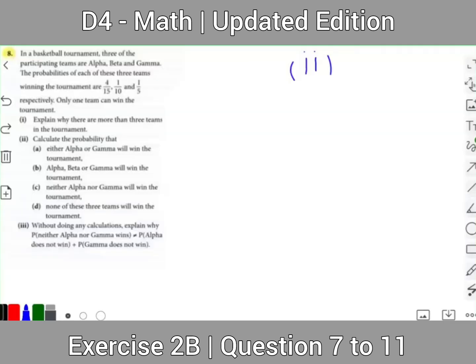Now in part 2, calculate the probability that either alpha or gamma will win the tournament.